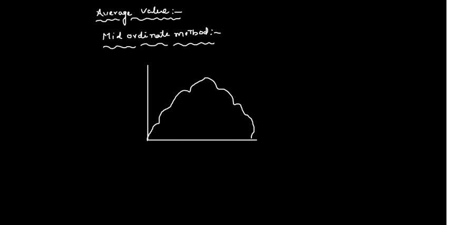This is the x-axis, where we have time period t, and on the y-axis I have taken a current I. By using the mid-ordinate method, I'll take different points at different instants on this particular waveform.